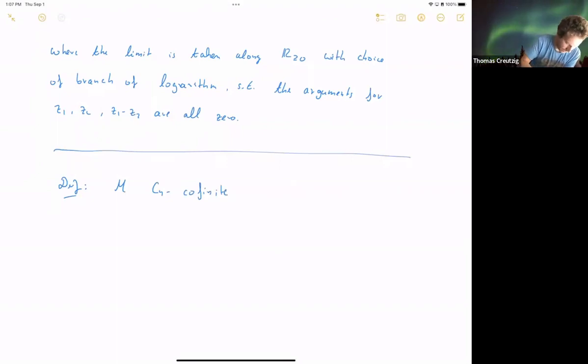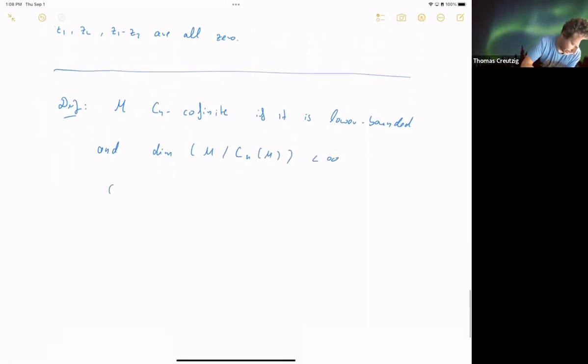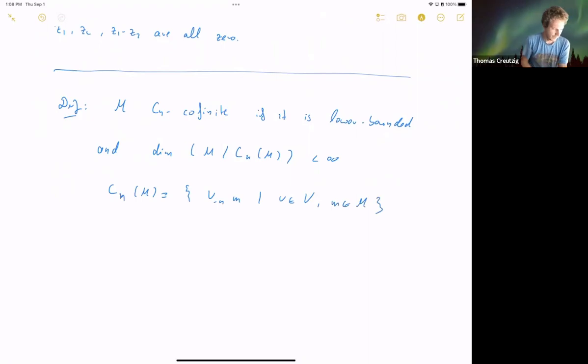So a module is Cn cofinite if, well, it needs to be lower bounded for this, so positive energy, and the Cn quotient has to have finite dimension, where this Cn subspace is the subspace generated by the minus n modes of the VOA acting on the module.